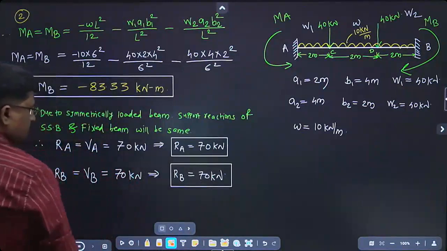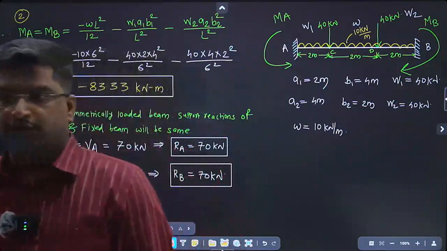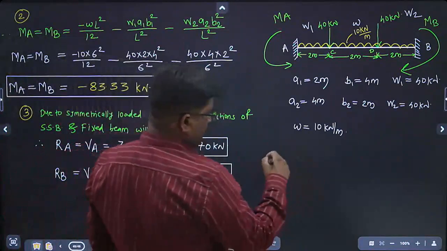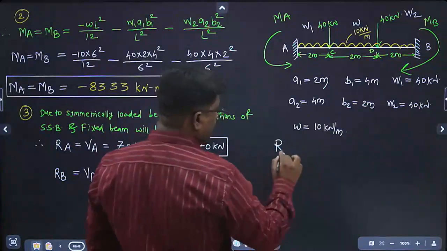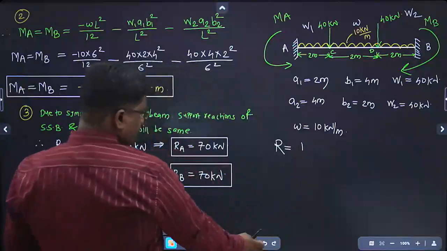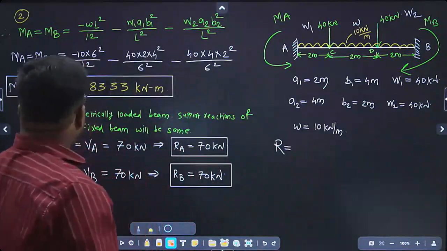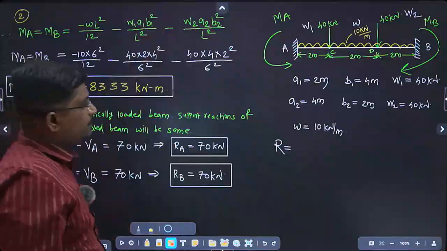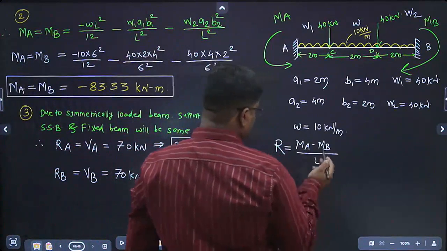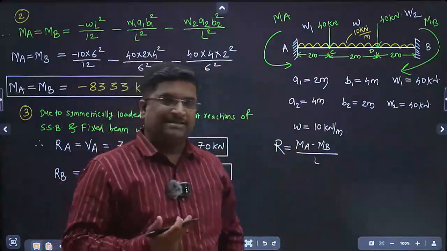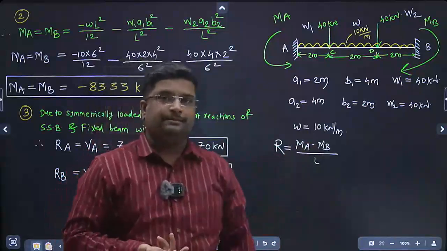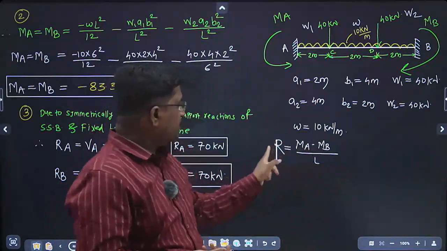Okay, RB is 70 kilonewton. See, if you have to calculate the capital R like in the previous problem, what is the formula? You have to subtract the smaller moment from the bigger moment: MA minus MB upon L, or MB minus MA upon L, depending upon the magnitude of moment. Now this time MA and MB both are same, so this will become 0.